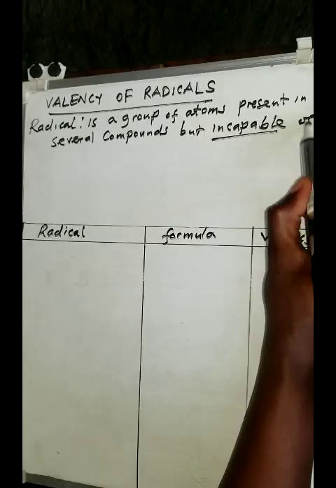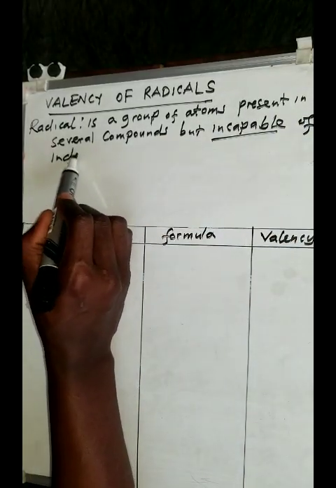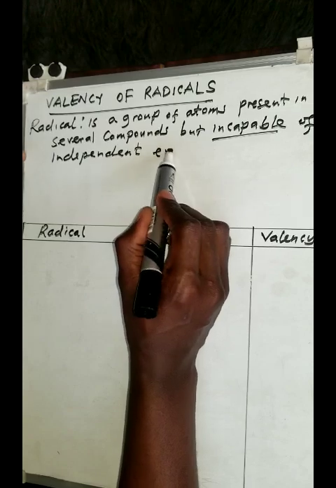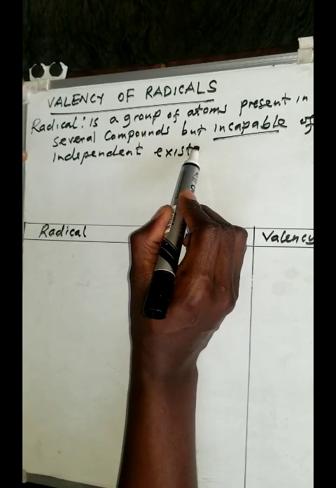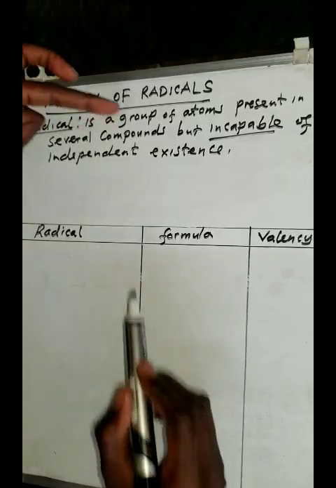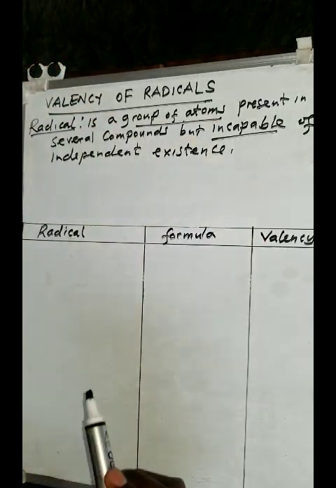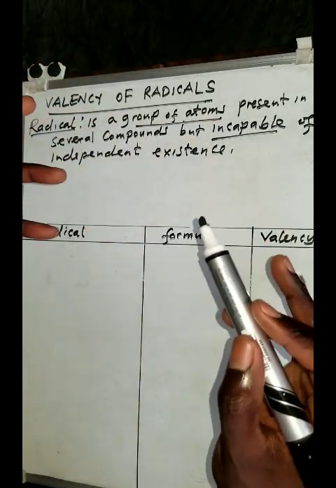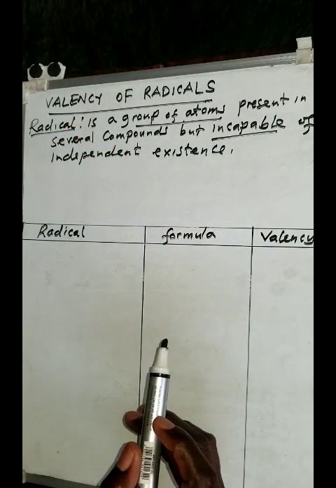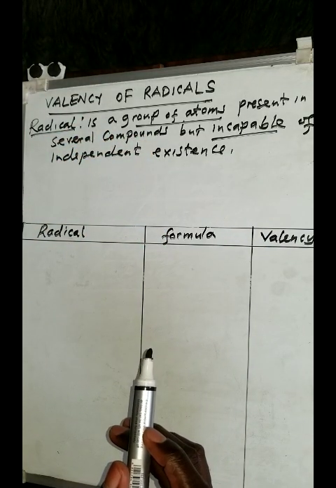So incapable of independent existence. That is what we simply call a radical. It's a group of atoms, that's the key word, that can be present in several compounds, but they cannot exist on their own. And this is what we are calling radicals.